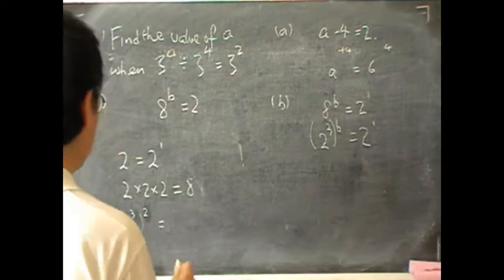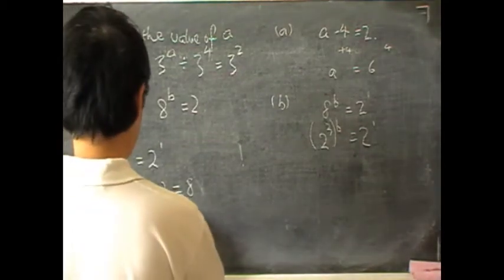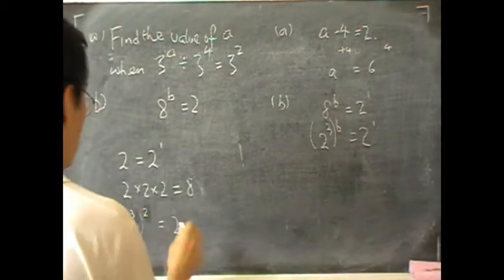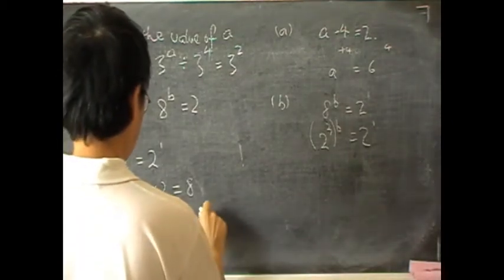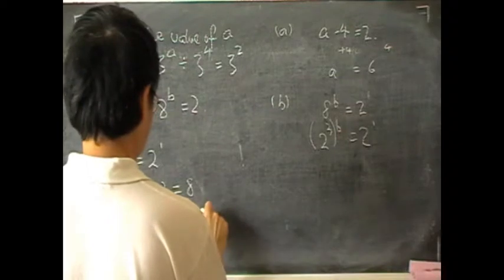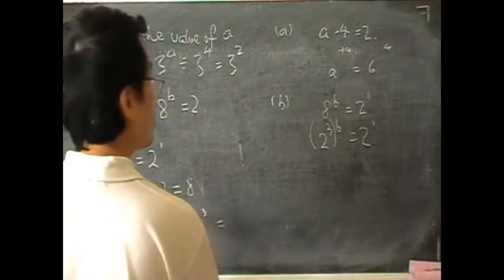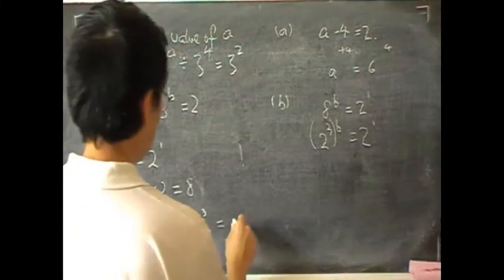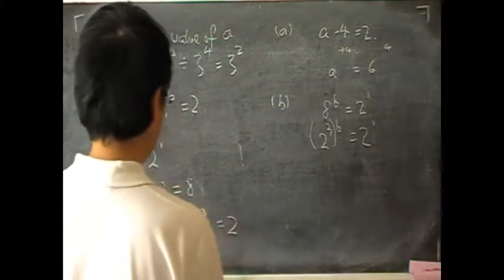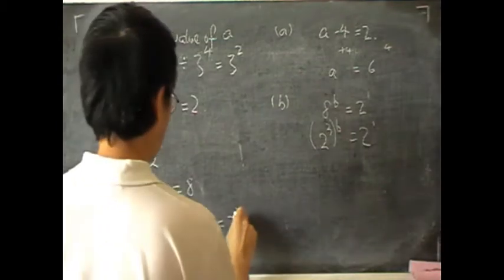what this means is that it is the square of 2 to the power of 3, so it can be 2 to the power of 3 times 2 to the power of 3. Right? And we can think that this is 2 to the power of 3 plus 3.